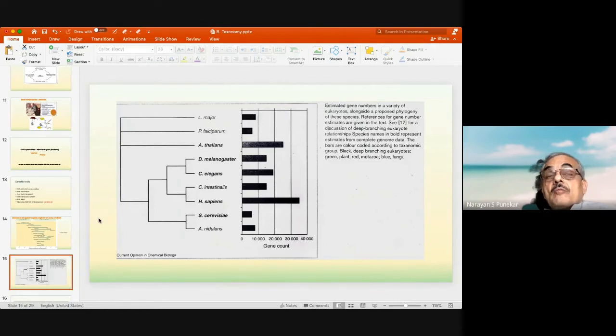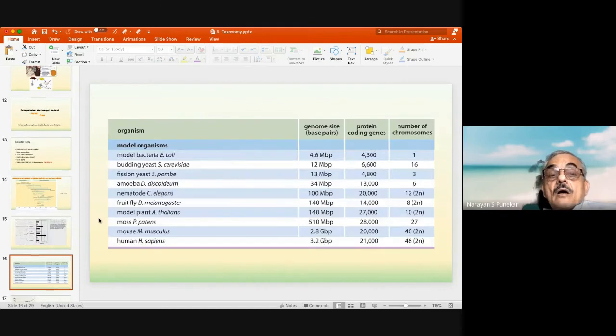All right. Of course, when you come to bacteria, you will also have variations like this. So here is another table showing genome size. As the genome size goes up, Homo sapiens is the largest in this list. Then protein coding, then number of chromosomes. You can see that typically a bacterium has a much smaller amount of DNA, and typically a single chromosome, quite often circular.